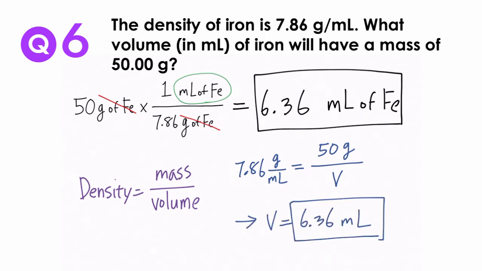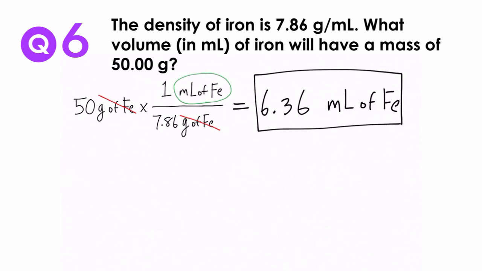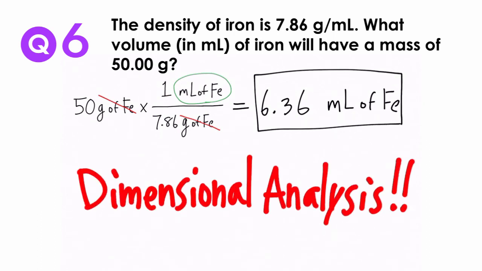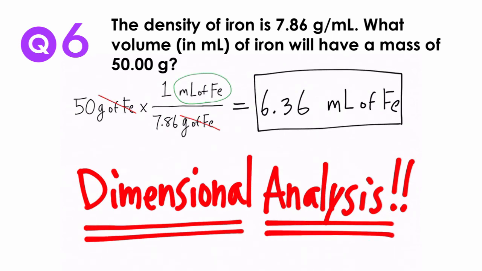And that might be easier. But the point of this activity is to learn dimensional analysis, right? And in fact, the more you get used to using this technique, it actually becomes easier to use dimensional analysis to solve problems like this one. So keep practicing.